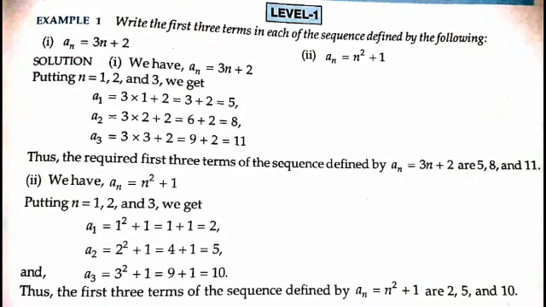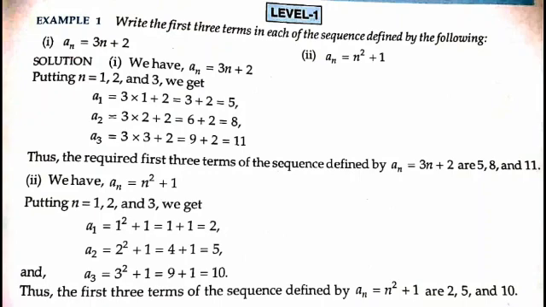Second term A2 is equal to 2 square plus 1, which is equal to 5. And third term A3 is equal to 3 square plus 1, which gives 10. Thus, the first three terms of the sequence defined by An is equal to n square plus 1 are 2, 5 and 10.